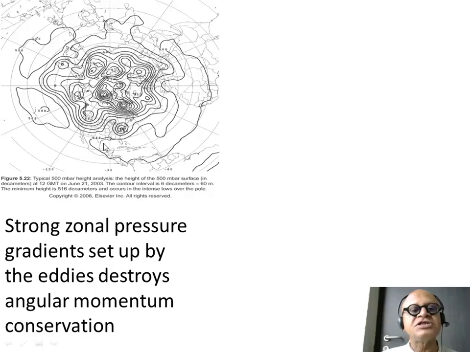So this is again the 500 millibar height, height contours on a constant pressure surface, and here we said the height drops from about 5.8 kilometers down to about 4.9 kilometers.